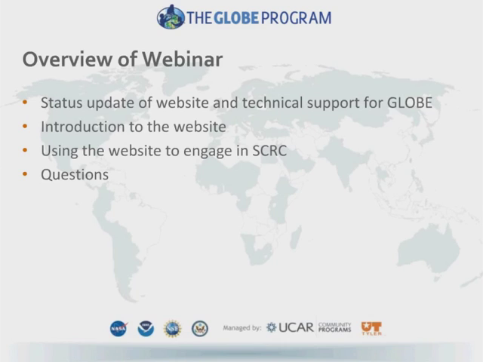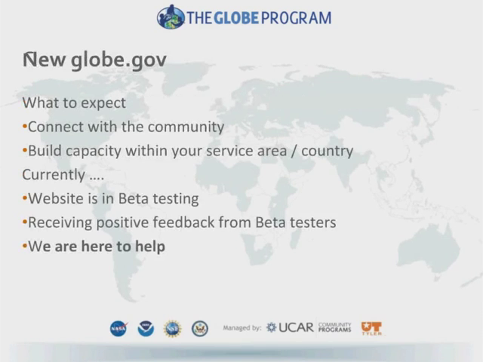I will very briefly show you the climate campaign functionality and then answer any questions that you might have. And of course, if you have questions along the way, type them into that Q&A box and we will answer them as we can.